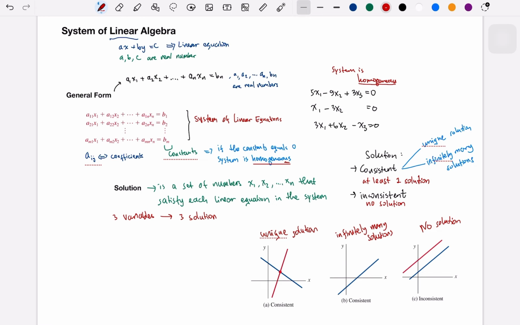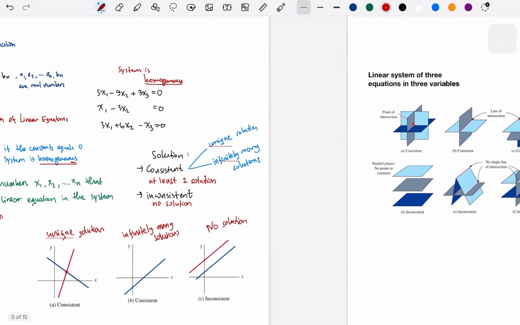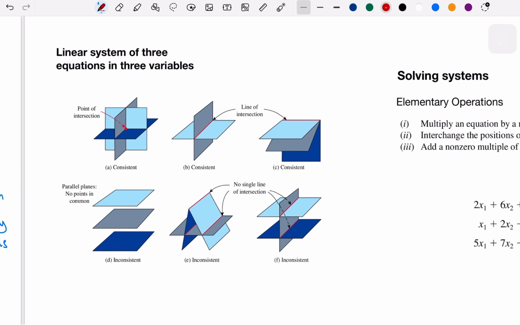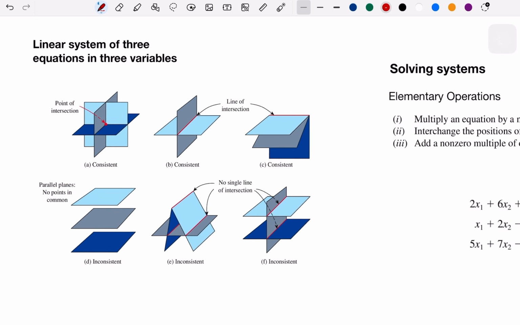Okay, I will go to the next page. So this is how we are going to see a system of 3 equations, 3 variables.